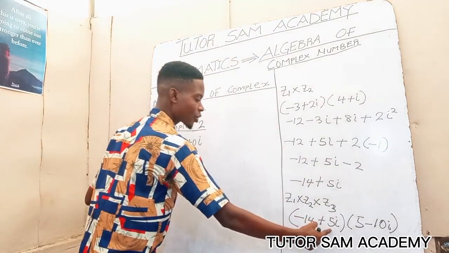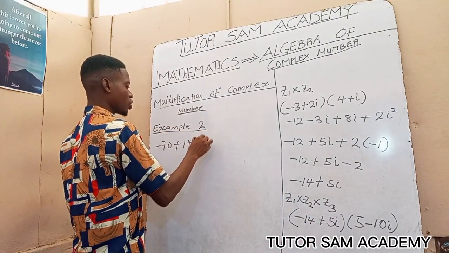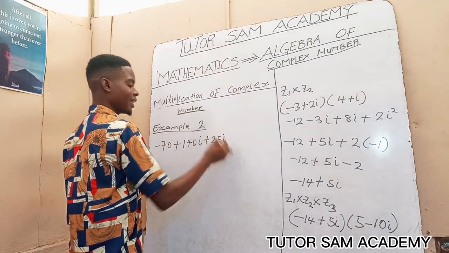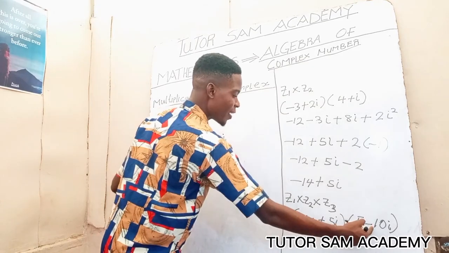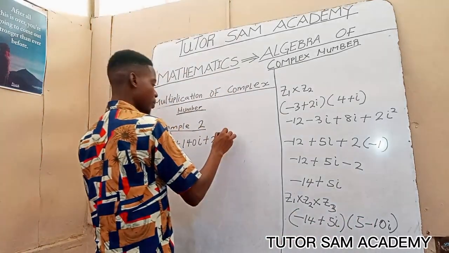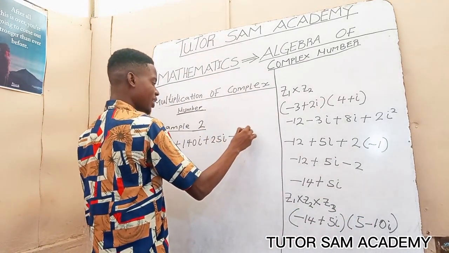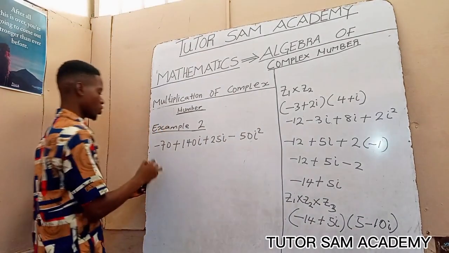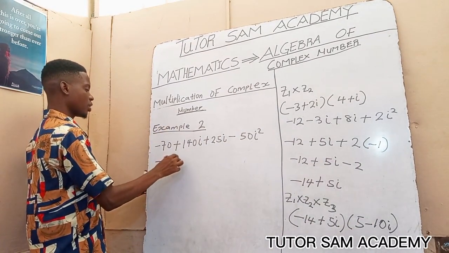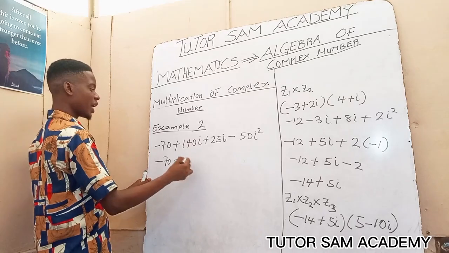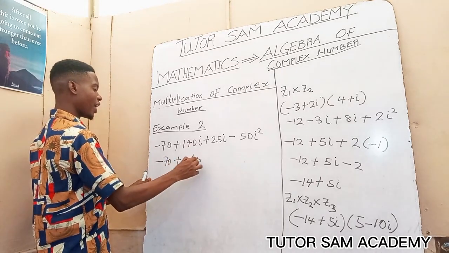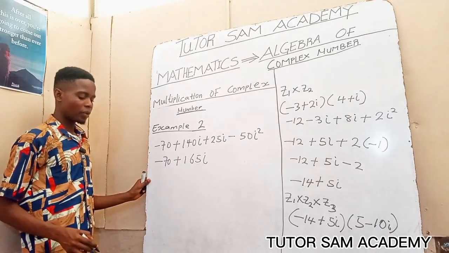This is plus 5i multiplied by 5, which gives us 25i. Then plus 5i multiplied by minus 10i. Plus times minus is minus 50i squared. So here I'll have minus 70, plus, when you add these together, 165i. Are we together?